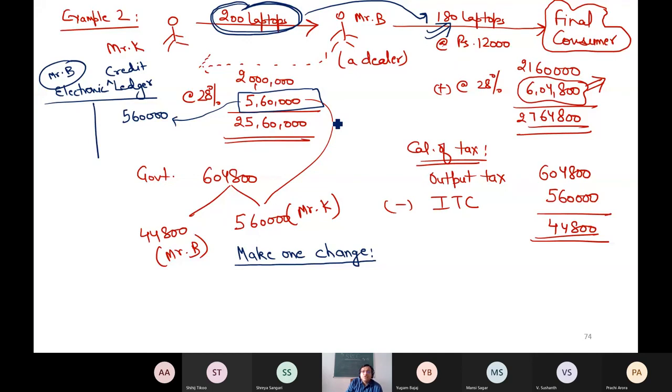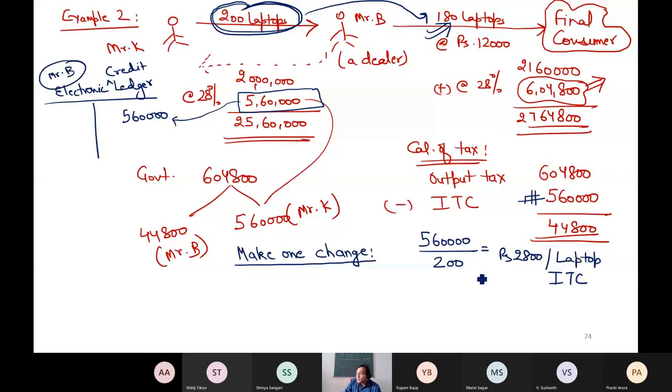So there should not be any question in your mind that 560 is the tax paid when I purchased 200 laptops. That rupees 2,800 is per laptop ITC. So when I sell 180 laptops, only this much ITC should have been allowed.